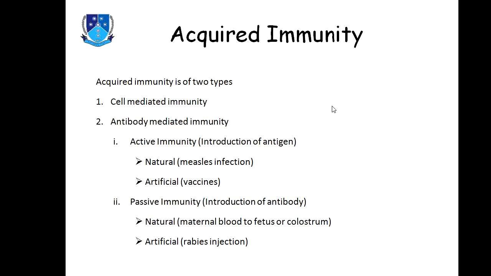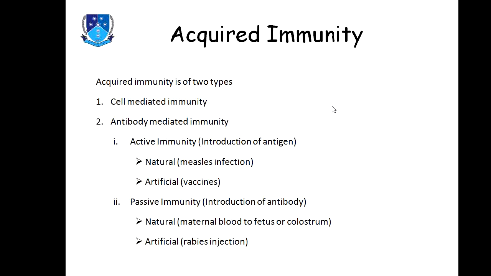So antibody mediated immunity is provided by the antibodies, and antibodies are produced by the B cells, B lymphocytes. B cells are converted into plasma cells, which produce antibodies during the first or second exposure also.